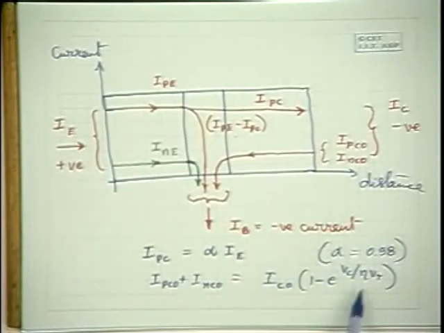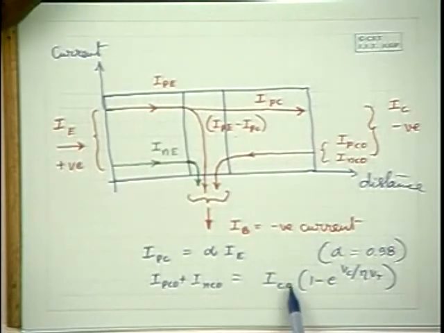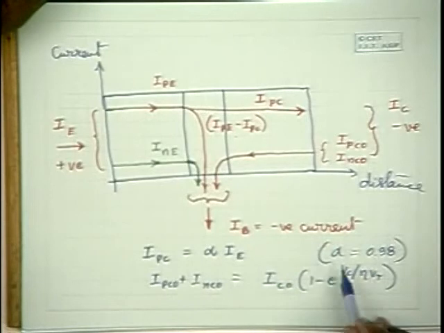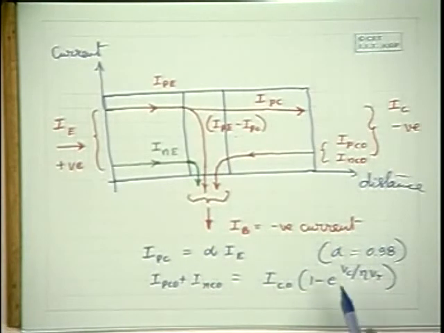We know that in a p-n junction, the current is in general equal to IC naught into 1 minus e to the power of the voltage applied by eta Vt. This is the volt ampere characteristic of a p-n junction.